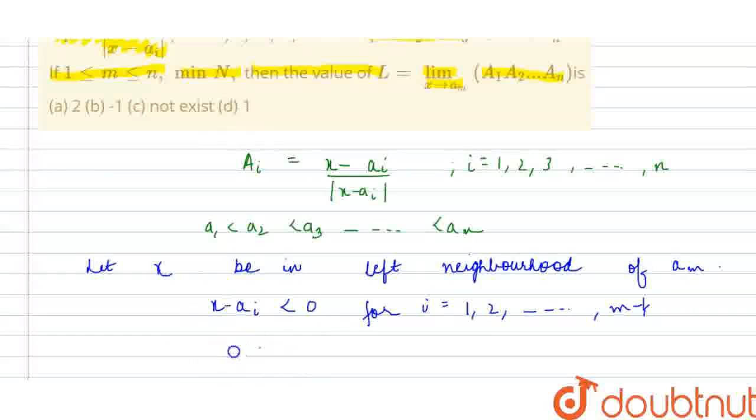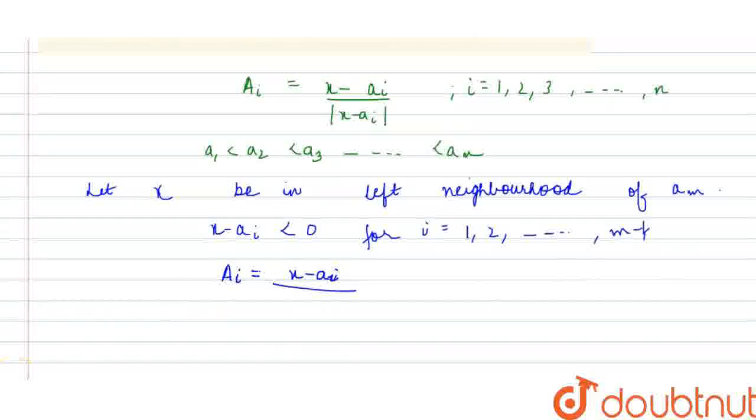So in the next step, if this is the condition, then we can say that capital Ai is equal to (x minus ai) upon minus of (x minus ai), which is equal to minus 1, for i equal to m plus 1, so on, up to n.